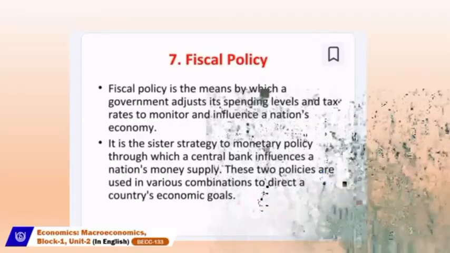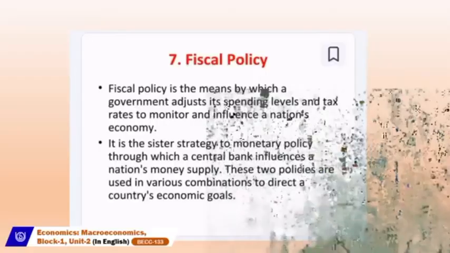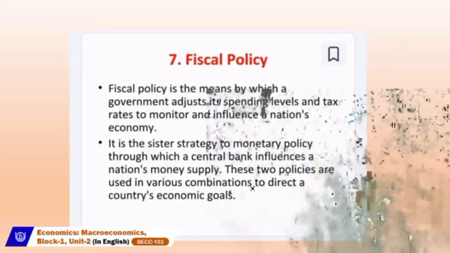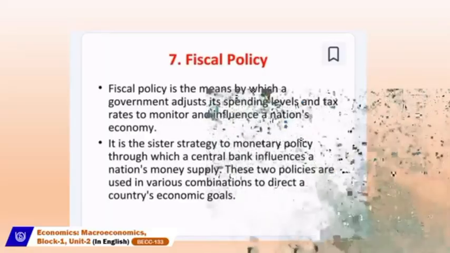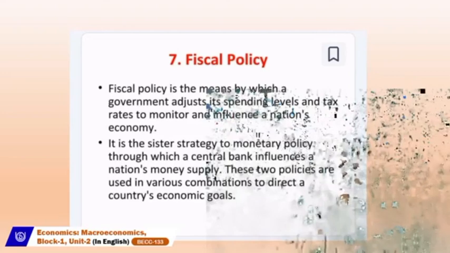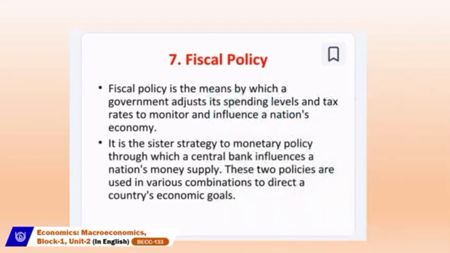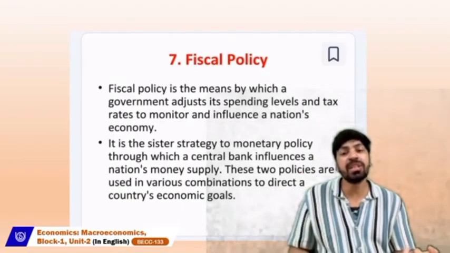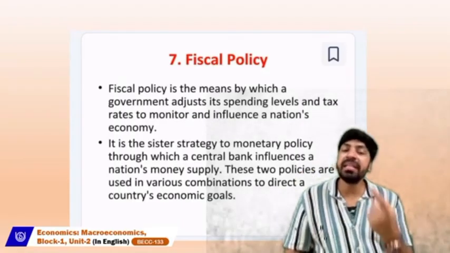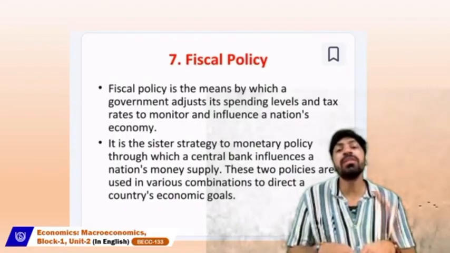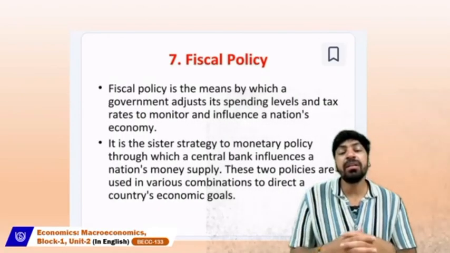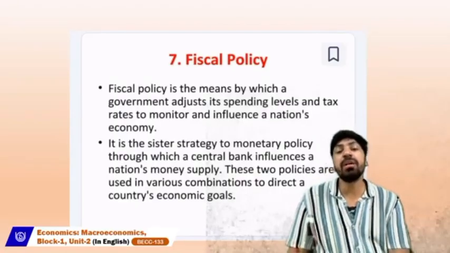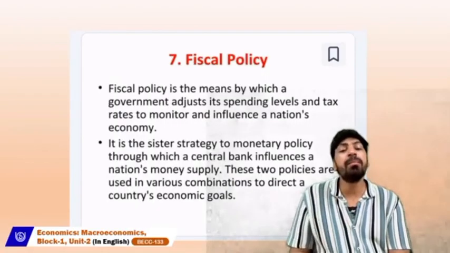When we talk about fiscal policy, it is one of the sister strategies to monetary policy, and the monetary policy is also to maintain or adjust the supply of money, and the fiscal policy guides the central banks, which also influence the national money supply.